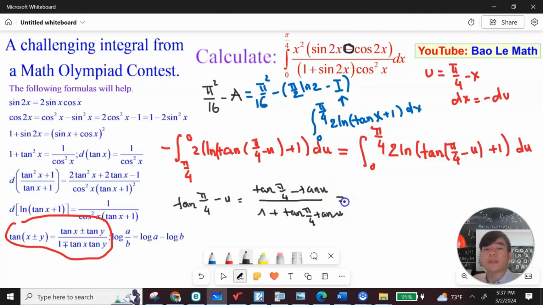Now I need to simplify this one. Tangent pi over 4 equals 1, so it should be 1 minus tangent u over, since tangent pi over 4 equals 1, 1 plus tangent u.